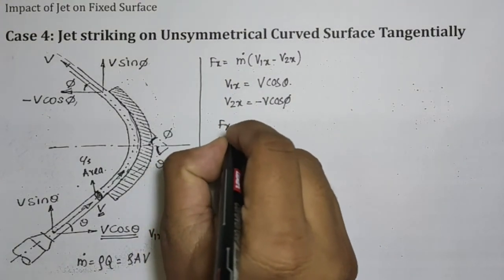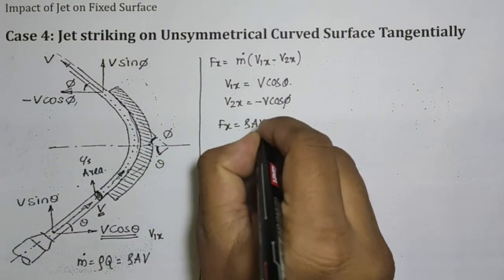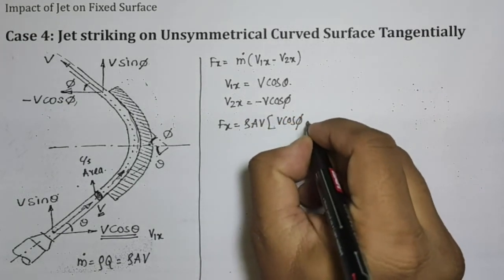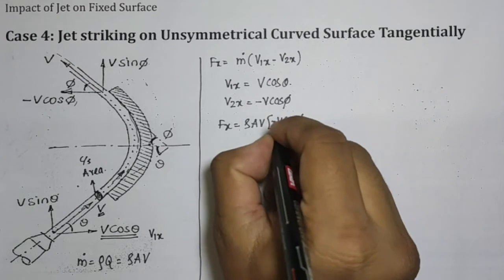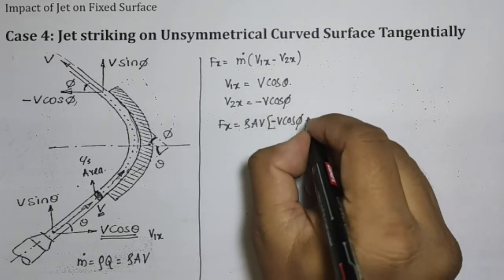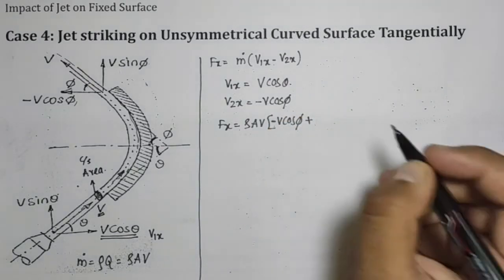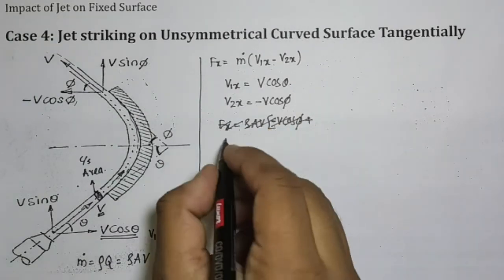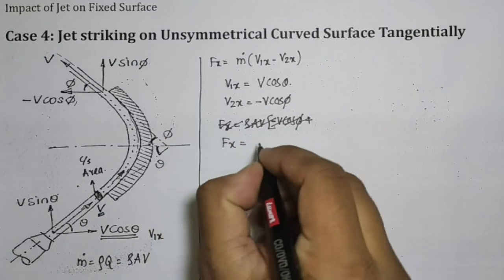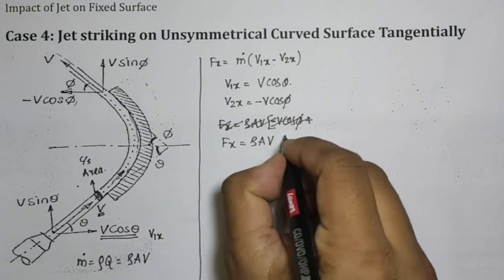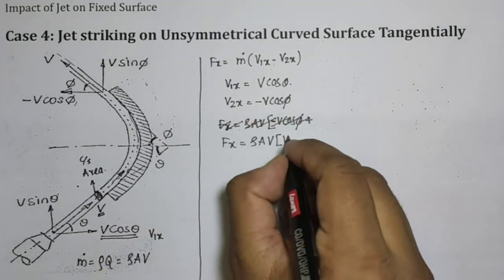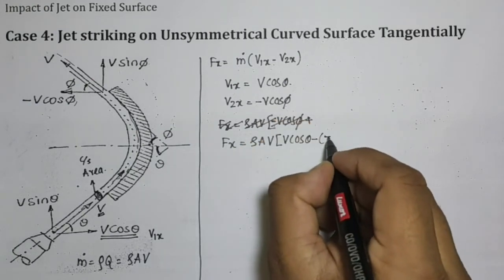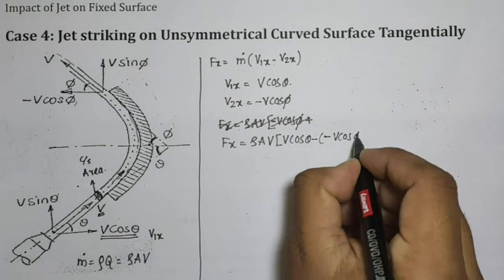So we will put all these values in this equation. Fx is equal to rho a v in bracket v cos theta minus of minus v cos phi.